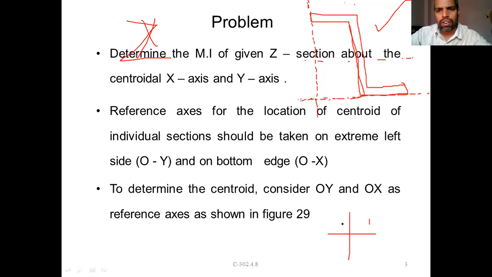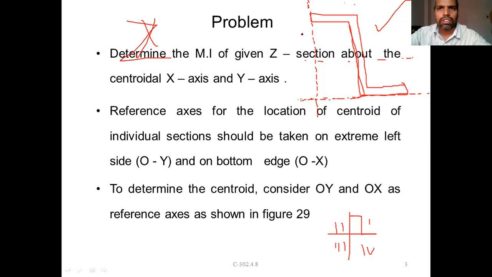If this is the first quadrant, this is the second quadrant, this is the third quadrant, and this is the fourth quadrant, then if you take it like this, your Z section will be like this. So your entire Z section falls in the first quadrant.